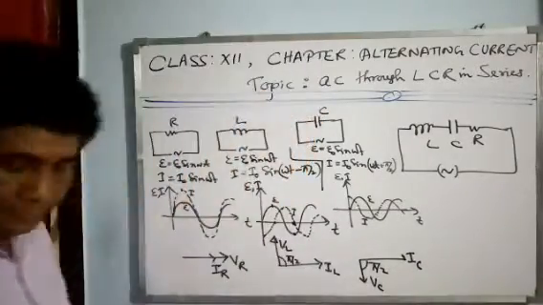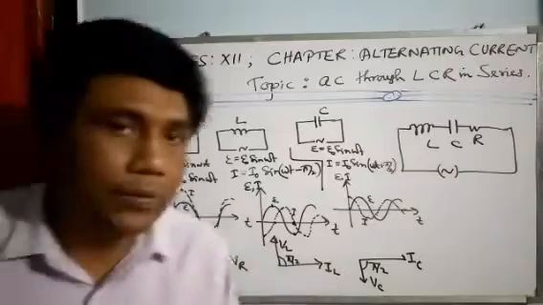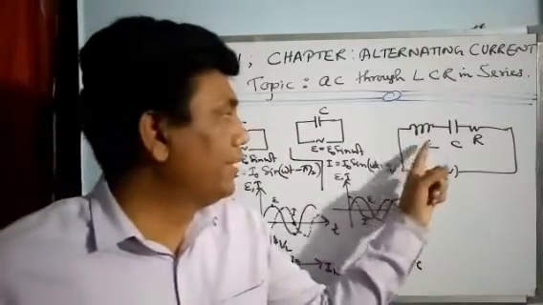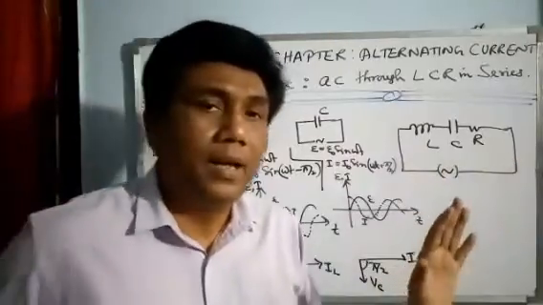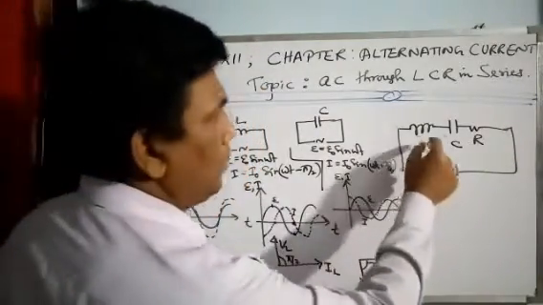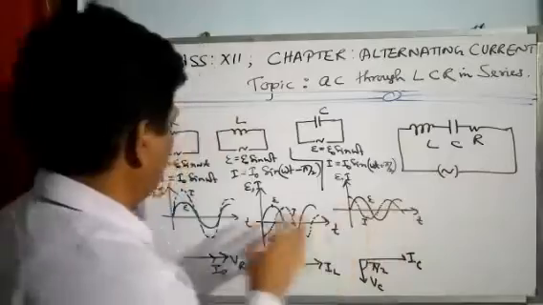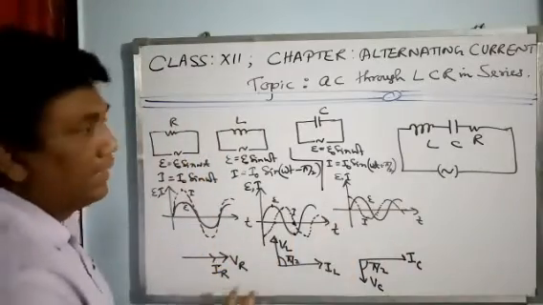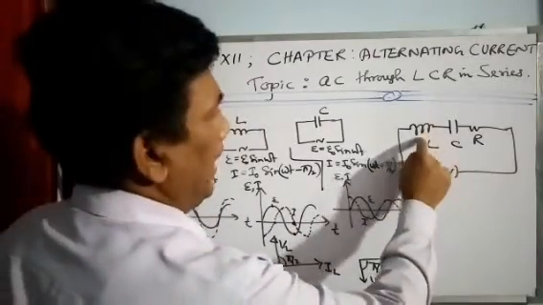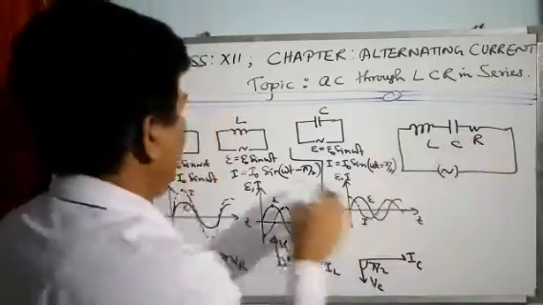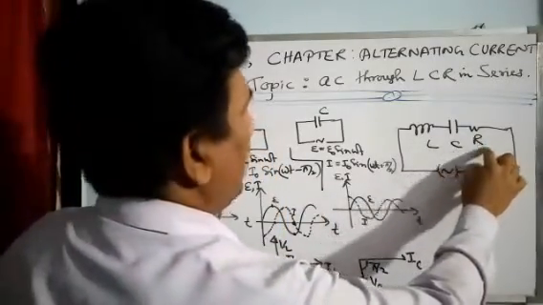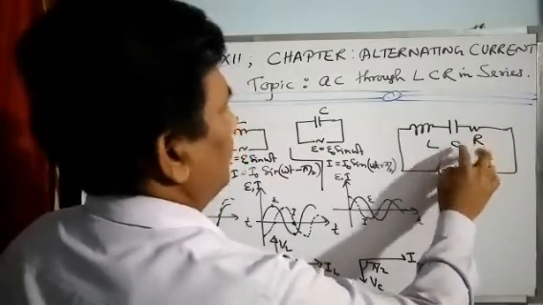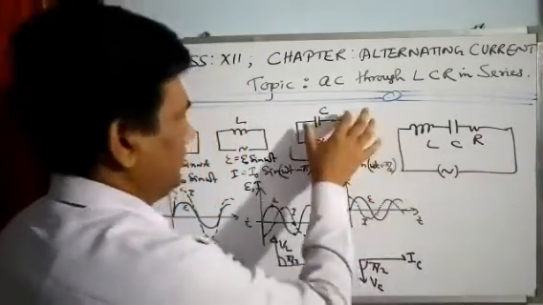Guys, now you are going to discuss the combined behavior of alternating current in LCR in series. Remember, if there is only one L, no C and R, this is the fact. If there is only R or only C, this is the fact.